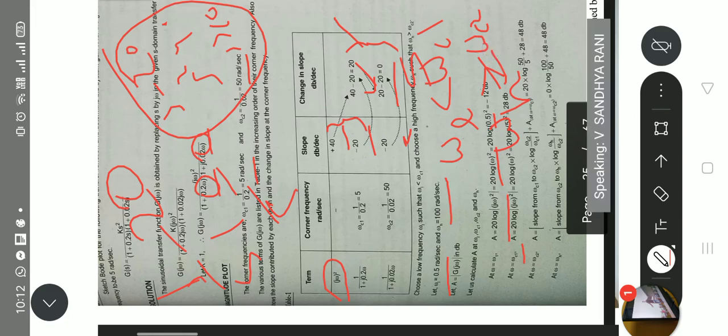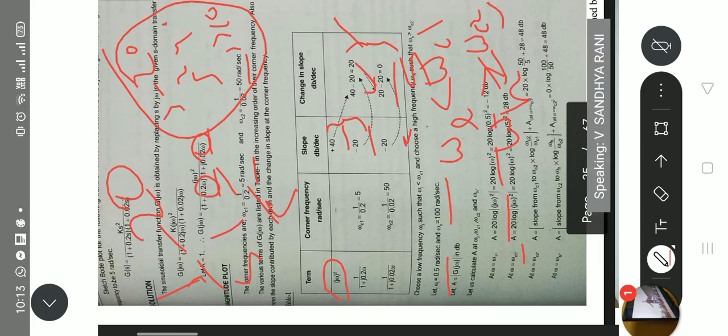In the third position, we use the slope formula: slope from omega C1 to omega C2 into log of omega C2 by omega C1, plus the previous magnitude. The slope from omega C1 to omega C2 is 20, so 20 into log 50 by 5, since omega C2 is 50 and omega C1 is 5, plus the previous magnitude 28, giving 48 dB.